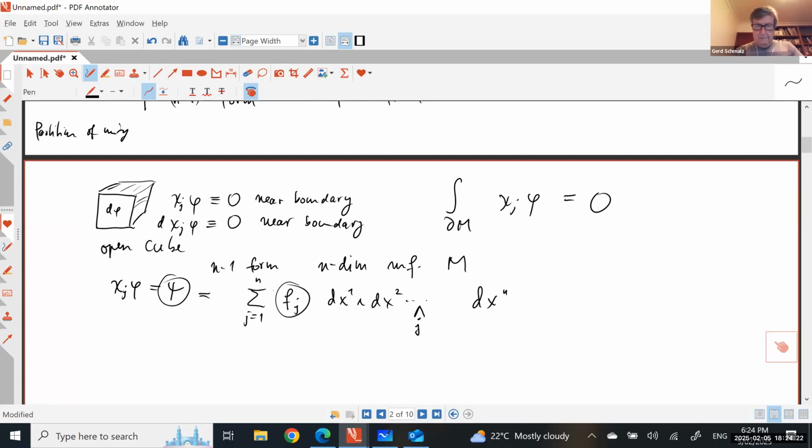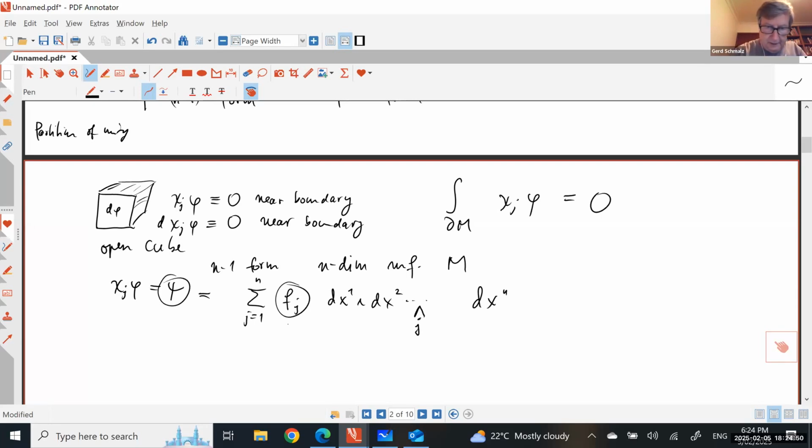And so how do we differentiate it? We know the rule of differentiation. Differentiation annihilates all these differentials, so we don't worry about the differentials. We only worry about the function in front, and the differentiation of the function in front gives us the differential of this function.